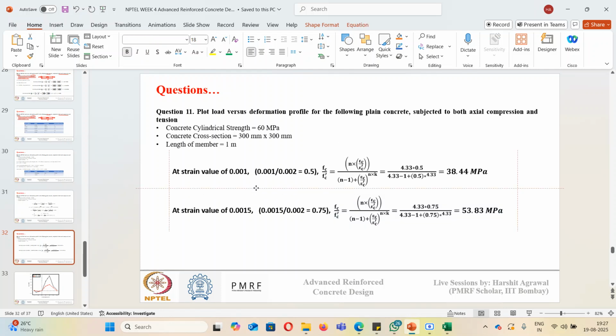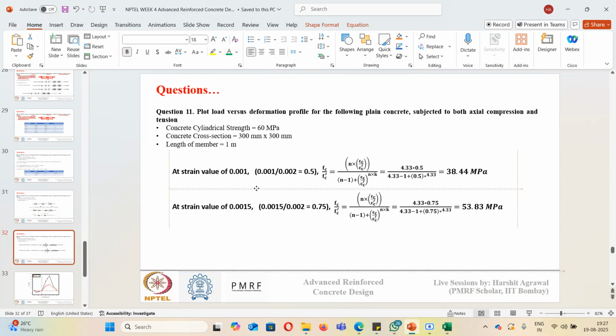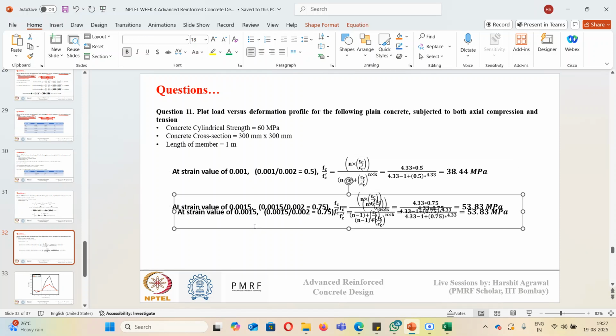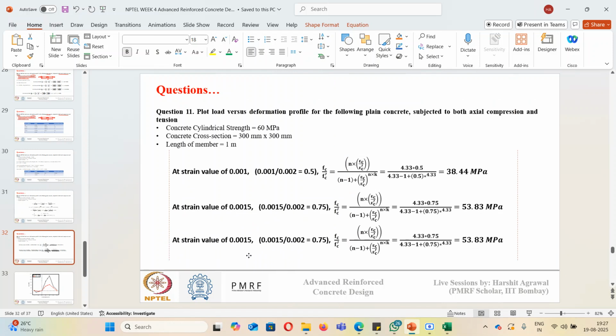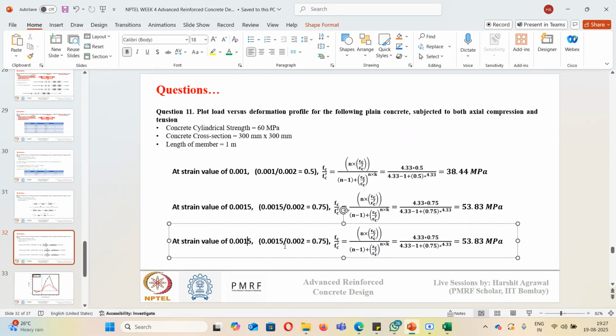Similarly, we'll calculate at one more point before peak. So I will take 0.0005 also. At 0.0005, this factor will become 1 by 4, which is 0.25. So I will directly change this to 0.25, and all other things will be the same.